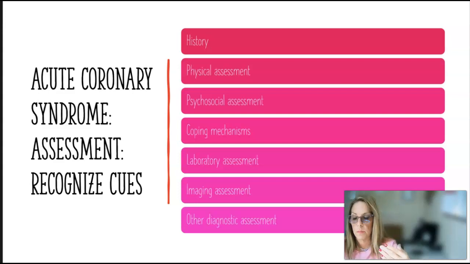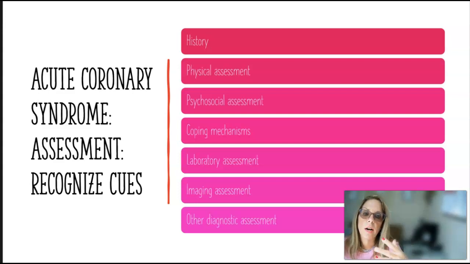Initially, these patients will be placed on bed rest with head of bed elevated. We want IV access. Think MONA with these patients: morphine, IV, oxygen, nitro, and aspirin. Those are the 4 things that you'll see initially with this, along with those cardiac markers.